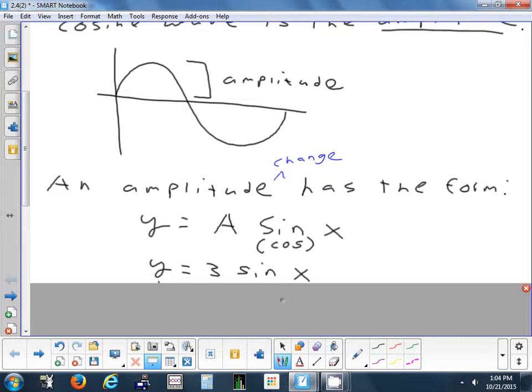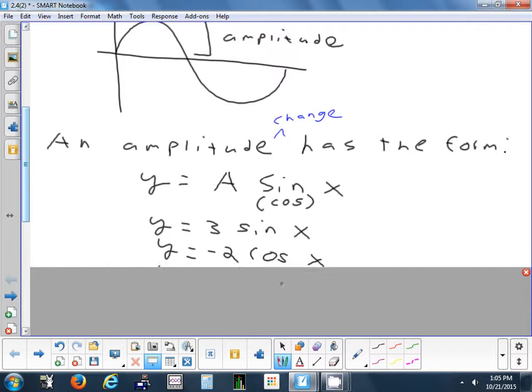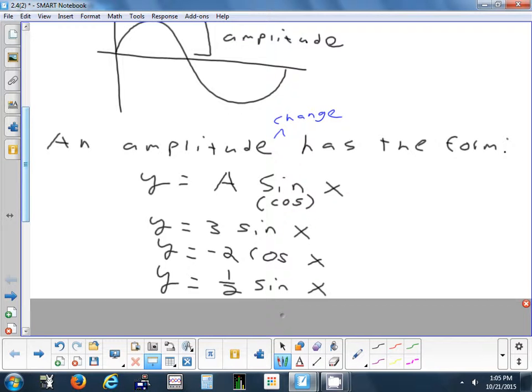Like that. That's an amplitude change. 3 sine x. So you multiply, and you put the number in front. Negative 2 cosine x. Here there's two things happening. This 2 is going to do something, and the negative is also going to do something. We'll talk about that when we get to it.